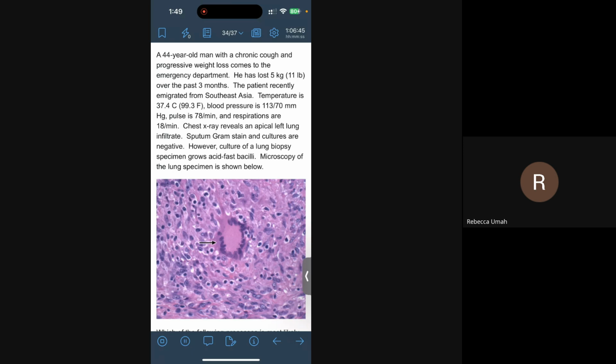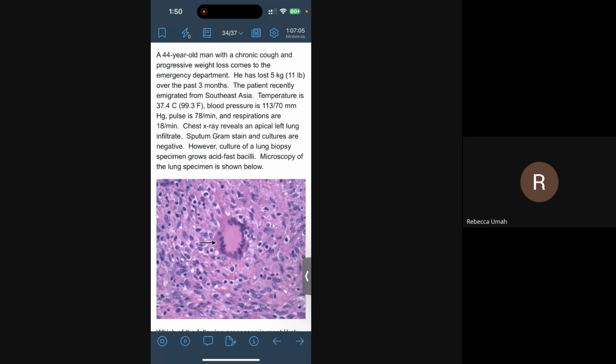Chronic cough, progressive weight loss. The patient is from Southeast Asia. He has lost 5 kg. There is an apical left lung infiltrate.